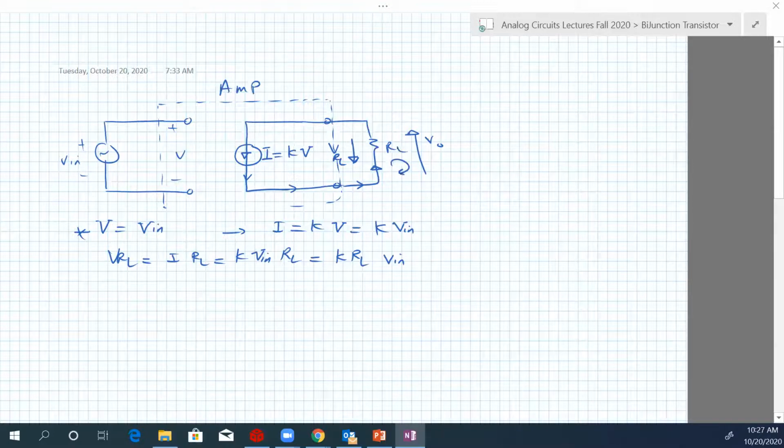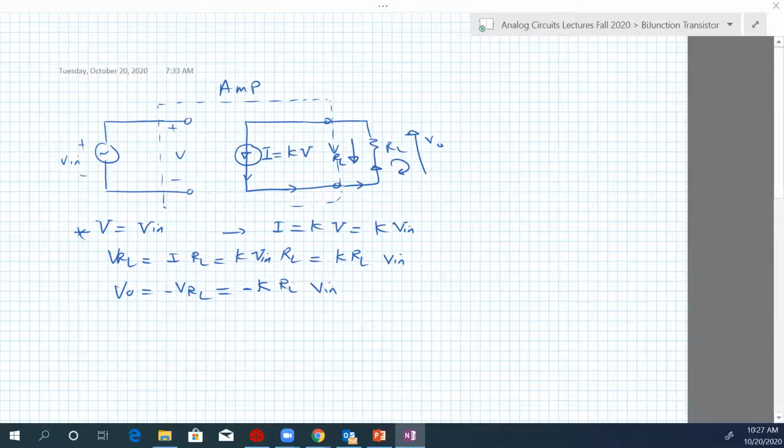So from that small loop here, VO is actually minus V RL. So it's equal to minus K RL V input. Just forget about the negative sign now. We can live with it.